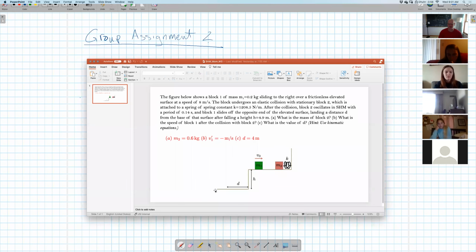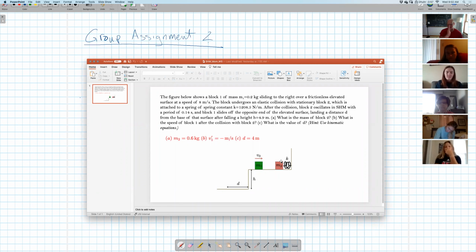The first one says that here we have mass M1 with initial velocity of 8 meters per second sliding to the right. Then it's going to make an elastic collision with M2, where M2 is attached to a spring which has a spring constant of 1,208.5 newtons per meter, which then sends M2 under harmonic oscillation, which has a period of 0.14 seconds.